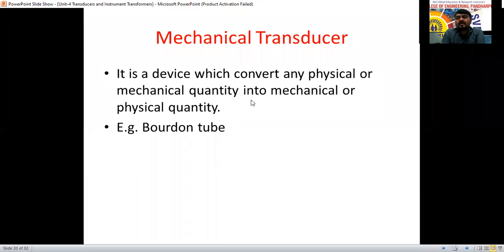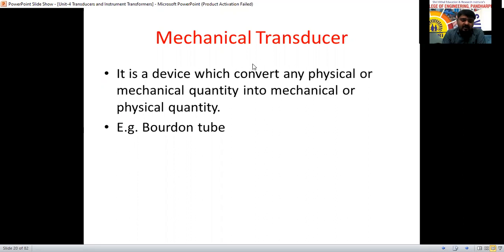The output we are getting is in mechanical form, a mechanical signal, mechanical quantity or mechanical energy. That transducer is called a mechanical transducer. Okay, is it clear?